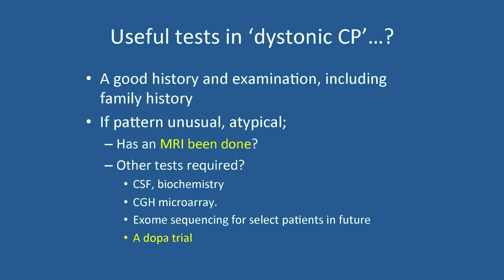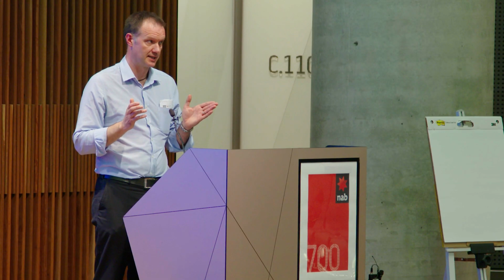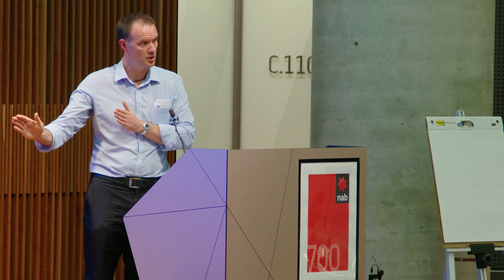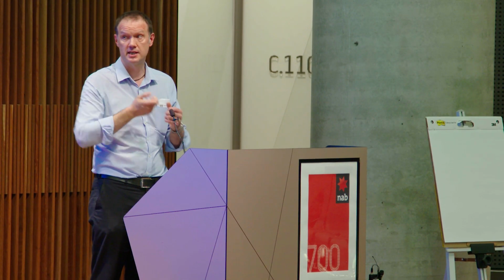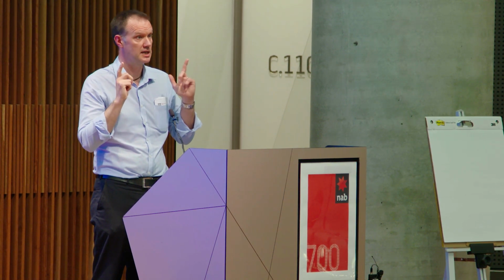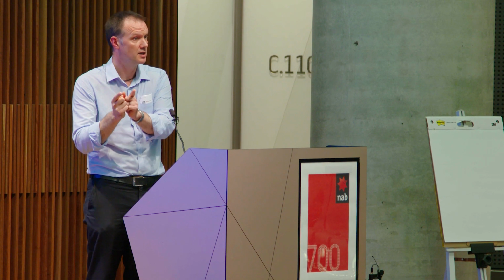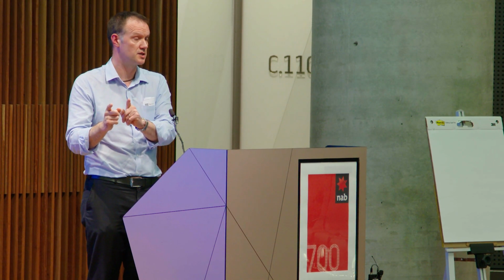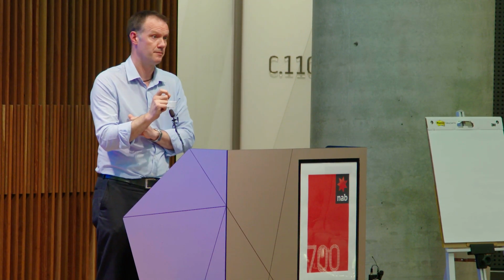And then the other thing to do in unexplained dystonia is a dopamine trial. It's still a very important test, and in the dopa-responsive conditions, it's usually dramatic. Completely stops the dystonia, or if they're very sensitive, it produces a dyskinesia, which is a very important clue, and that tells you they're super sensitive to the dopamine, and they might have a dopamine deficiency, but you need to go super slow.